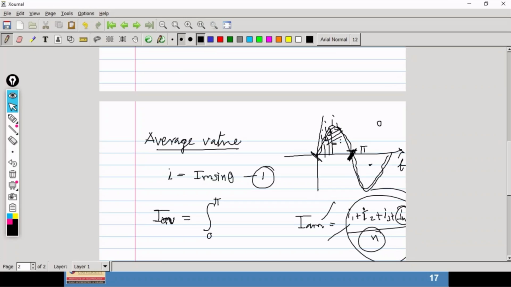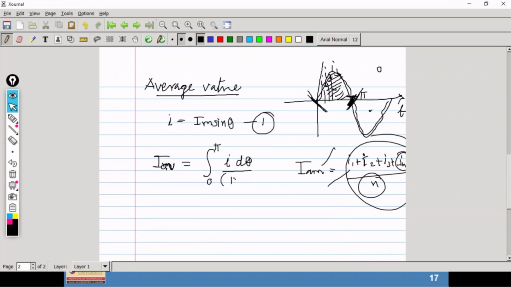This area will be considered for the integration. So we take it from 0 to pi here, and then we can have an equation of I(theta) d theta. And what is the range here? We are integrating for this range only, so pi minus 0.